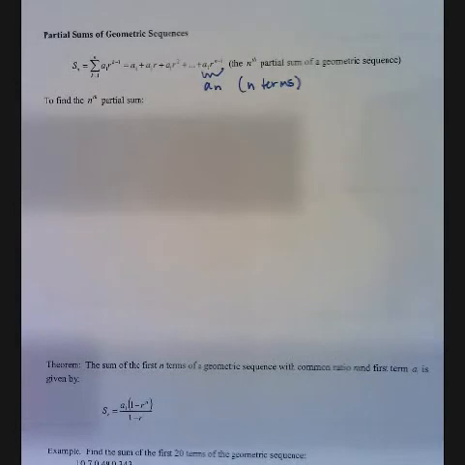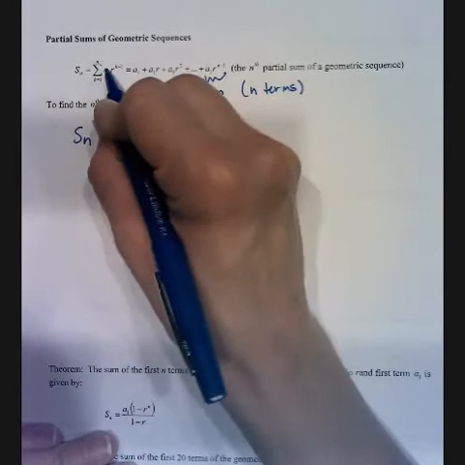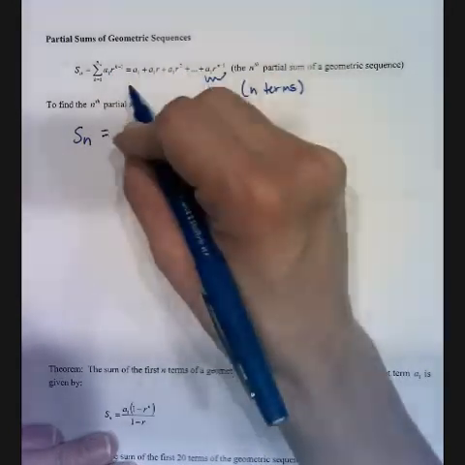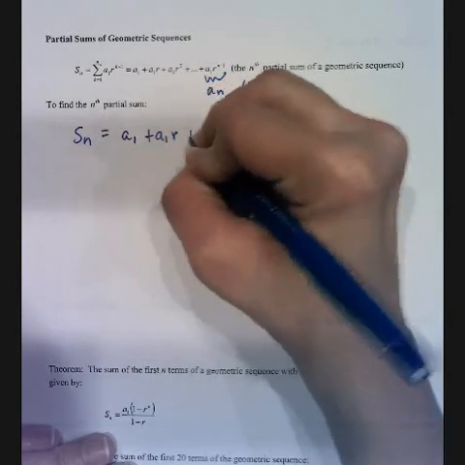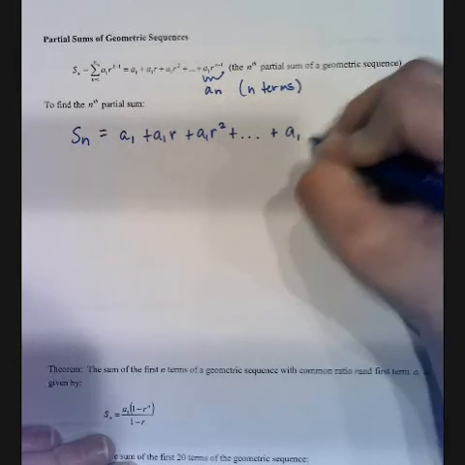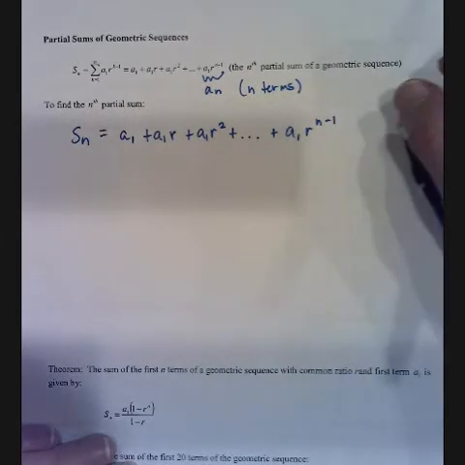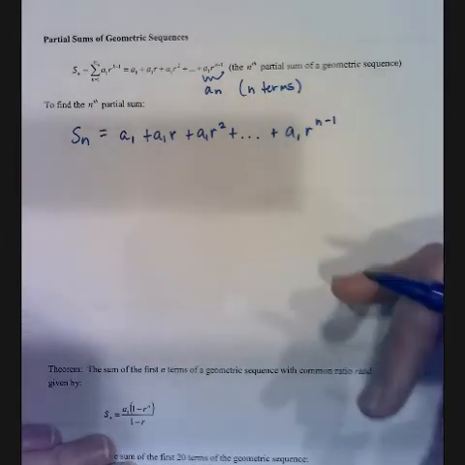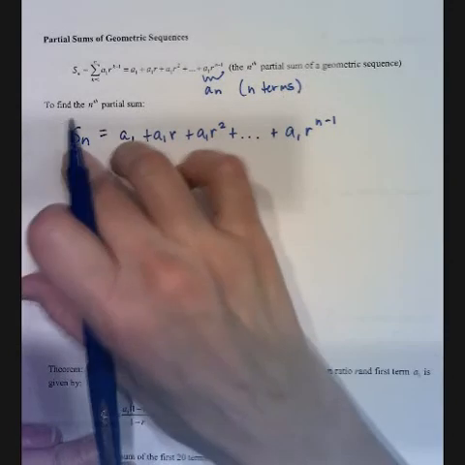So we're going to derive the formula for the nth partial sum now. Let's start with s sub n. We know that it's equal to the sum of the first n terms of the sequence: a sub 1 plus a sub 1 r plus a sub 1 r squared, etc. This next step isn't obvious, but to derive this formula we take both sides of this equation times r.